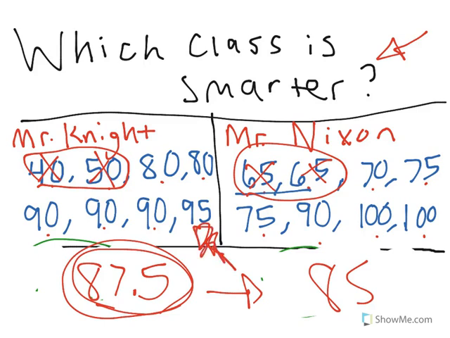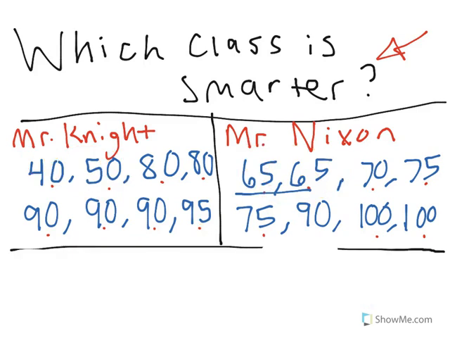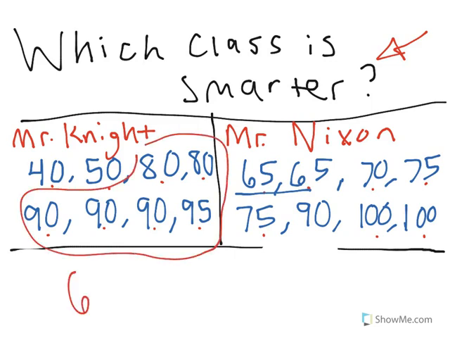I could even make an argument that goes like this. Well, let's count how many kids scored 80% or higher. And look, Mr. Knight's class has 6 students who scored 80 or higher. Mr. Nixon's class only has 3 kids who scored 80 plus.